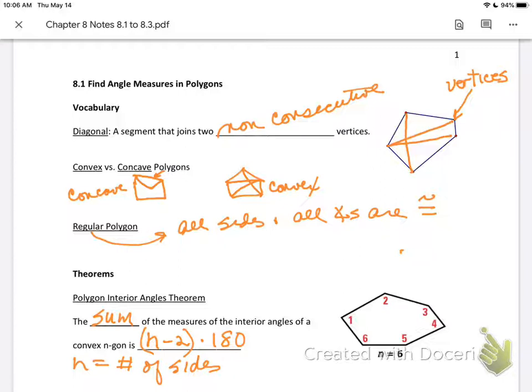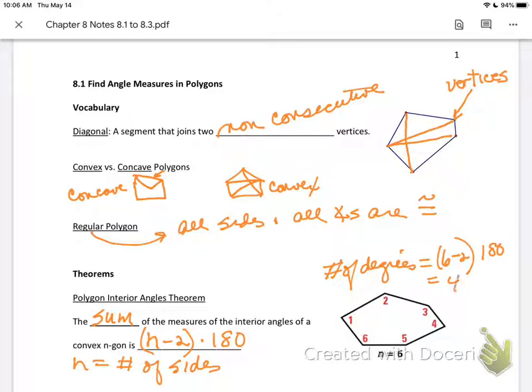Okay, so let's talk about this. I have 1, 2, 3, 4, 5, 6 angles and 6 sides. So how many degrees are in here? So let's use that formula. So I'm going to say the number of degrees inside equals n, where n is going to be 6. 6 minus 2 times 180.